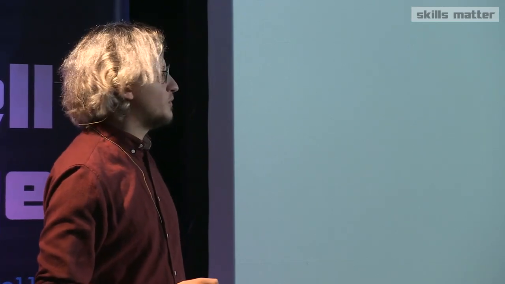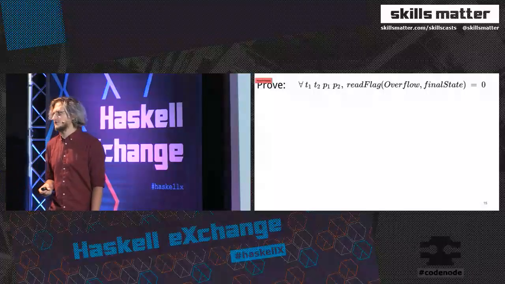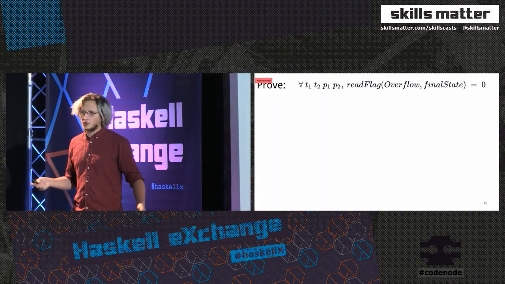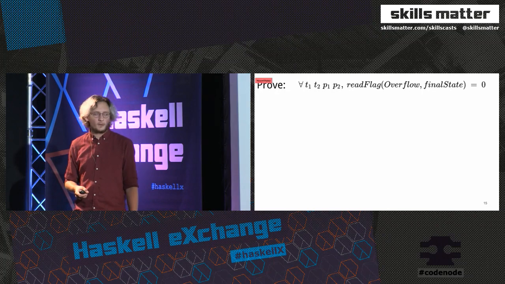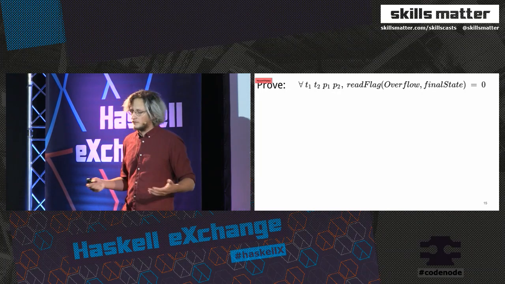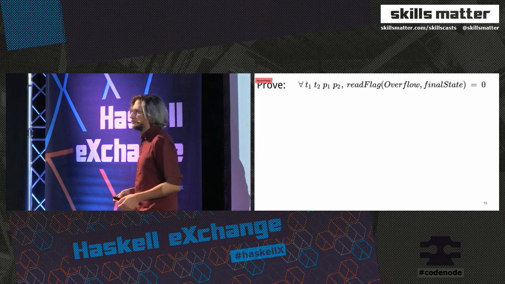So what would we like to prove for that program now? We would like to prove that for every possible value of the input parameters, the time points and the power values, integer overflow doesn't get triggered, meaning that at any point in the program, there wasn't a possibility for integer overflow to happen.